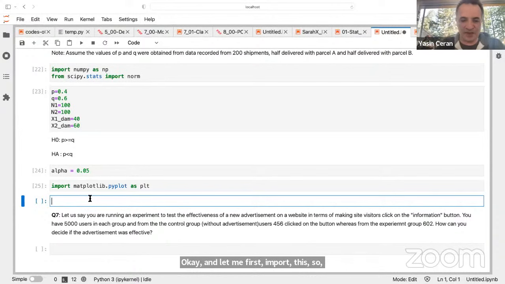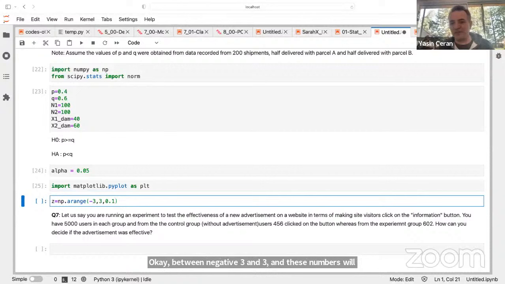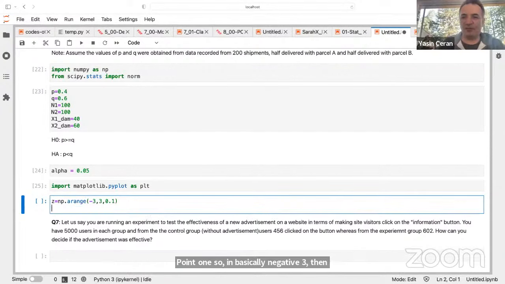I'm just going to generate some numbers between -3 and 3, by a step size of 0.1. So basically -3, then -2.9, -2.8. And then I'm just going to plot a normal distribution for these z values.